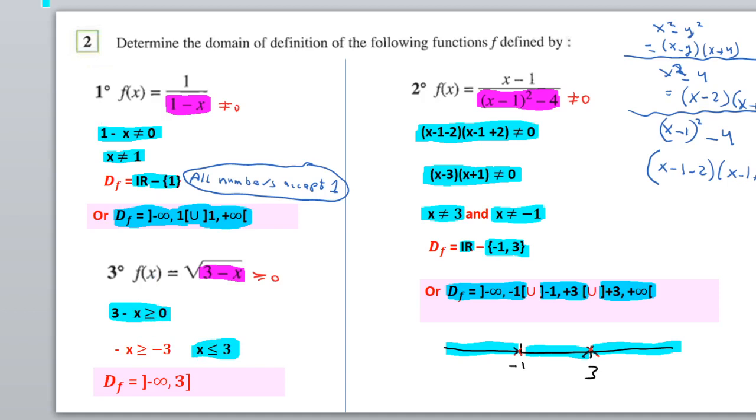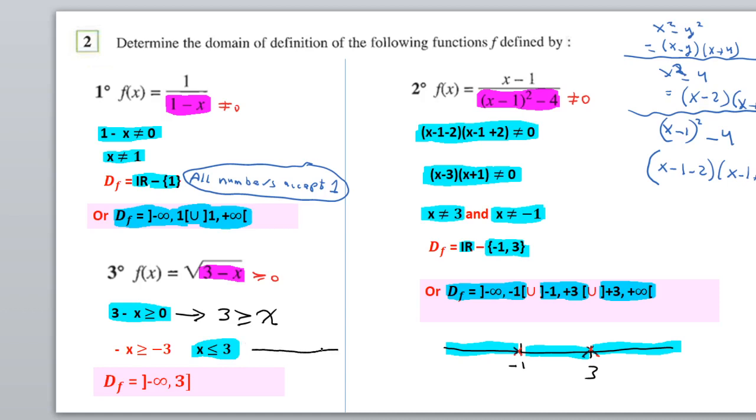From the beginning, if you want, you can write 3 greater or equal to x, taking x to the other side. So x less or equal to 3 in both cases. Anyway, x should be less or equal to 3. Any number less than 3 or equal to 3 is allowed.